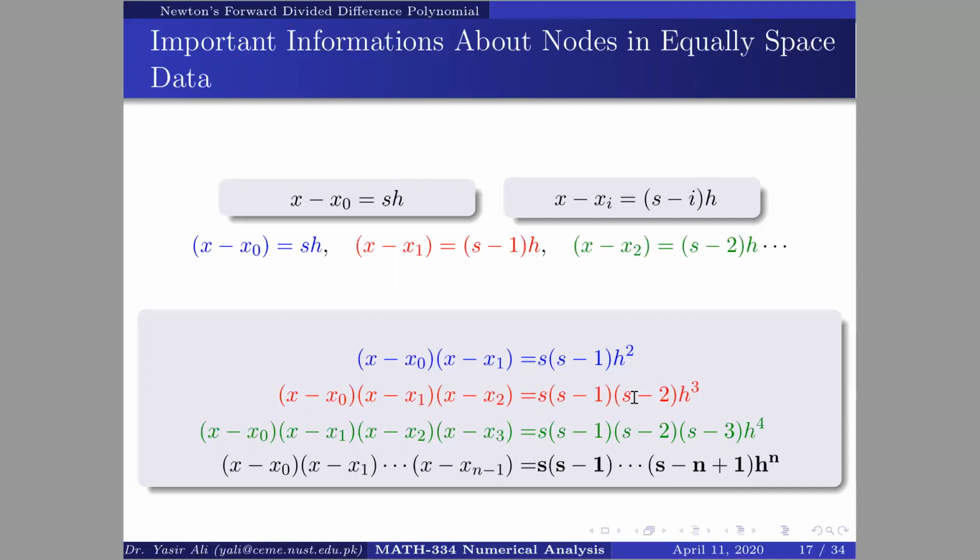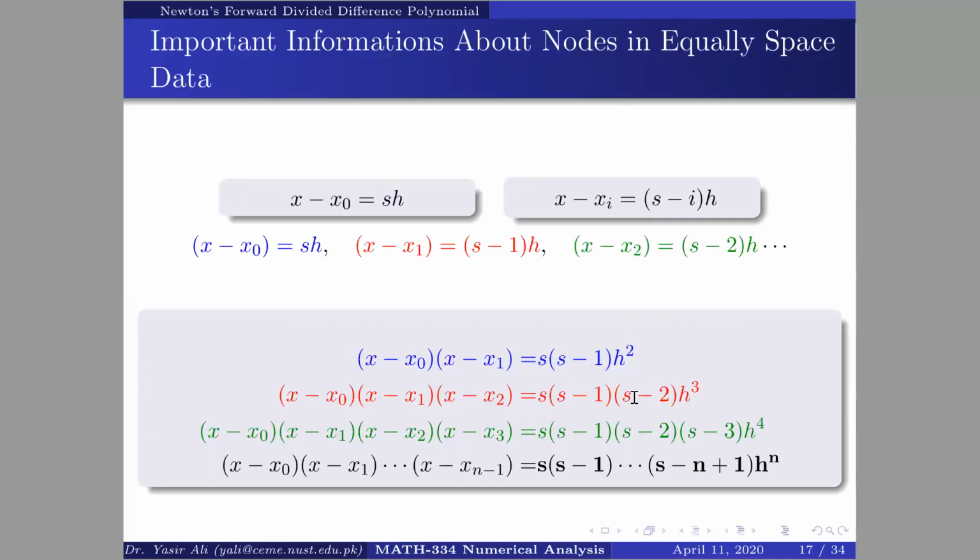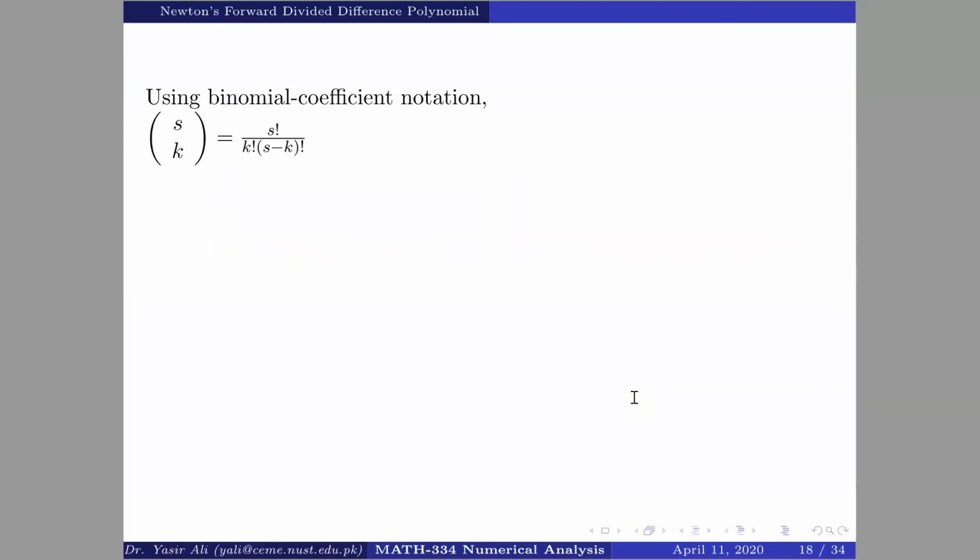So from here, we will simplify the formula. We will simplify it with the binomial coefficient. So first of all, I will review what a binomial coefficient is, and then we will use it.